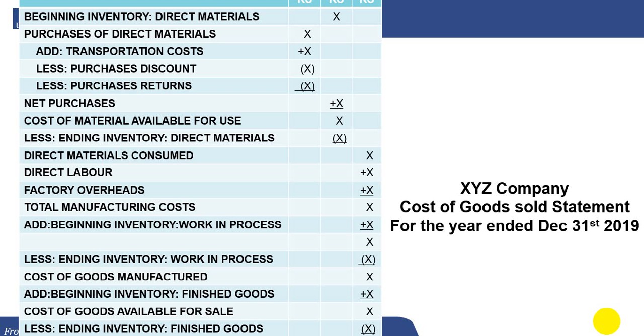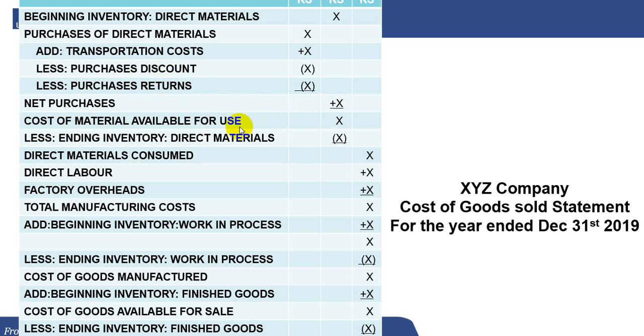Now we will see in a template how it's prepared. In beginning inventory, first we will calculate the material cost. Beginning inventory, direct material. Purchase of raw material, as we discussed, add transportation cost, less returns and discounts, and what we got? Net purchases.